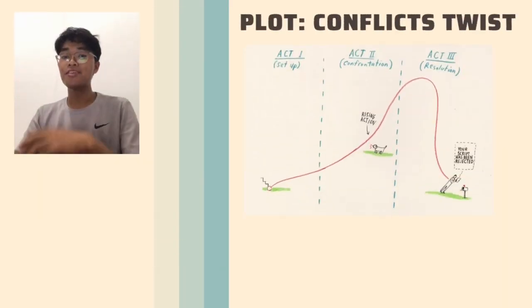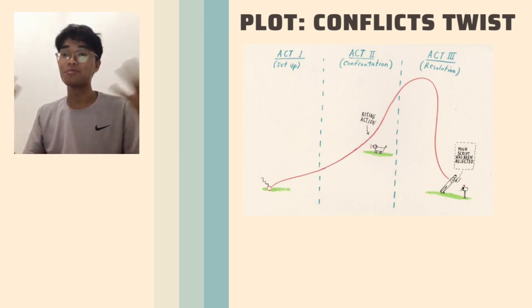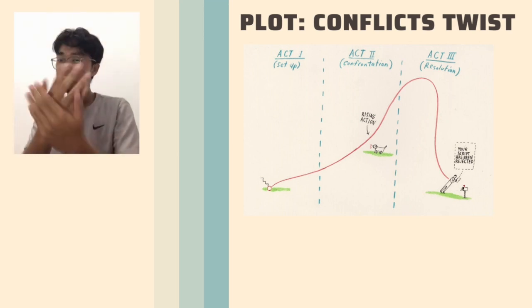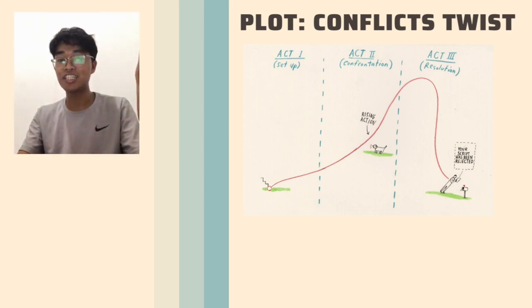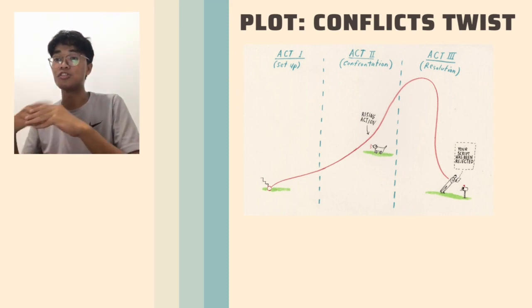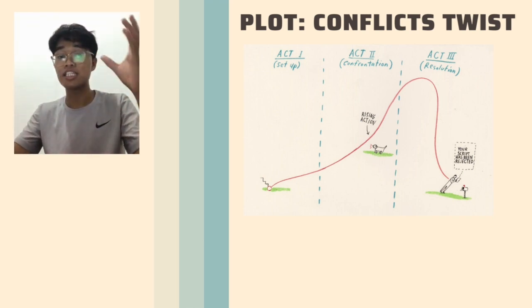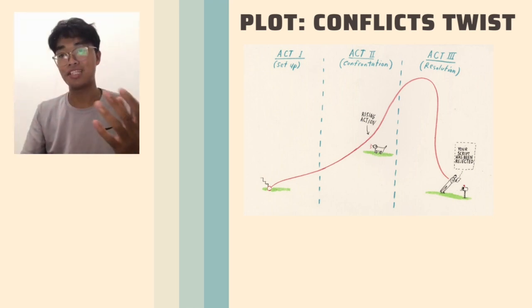So for my plot, at the very beginning of the climax of my story, Lily and the Witch, I put a very drastic and sudden change of the story's course, which includes the behavior of the situation, the theme, and also what happened in the story.